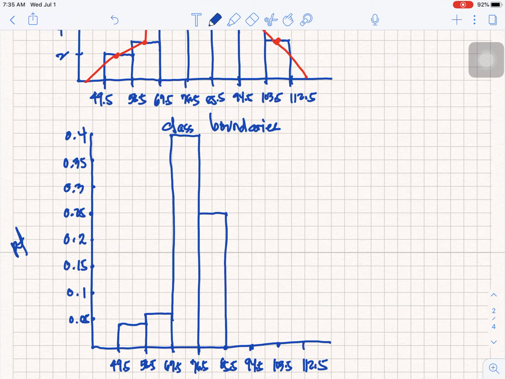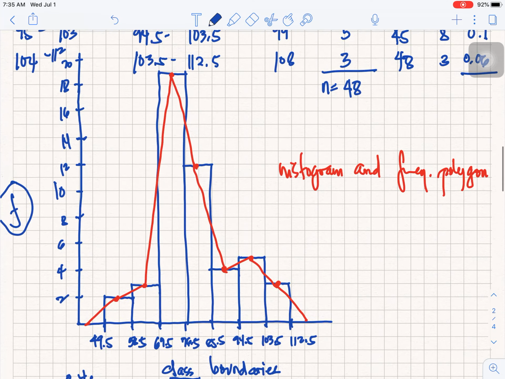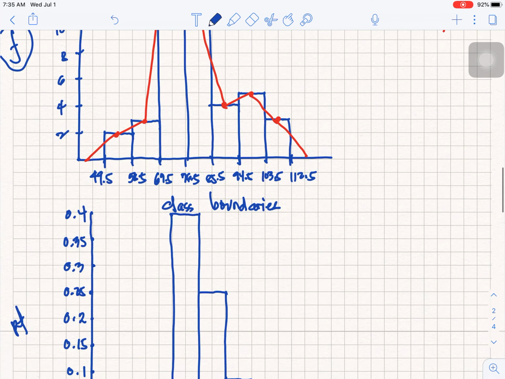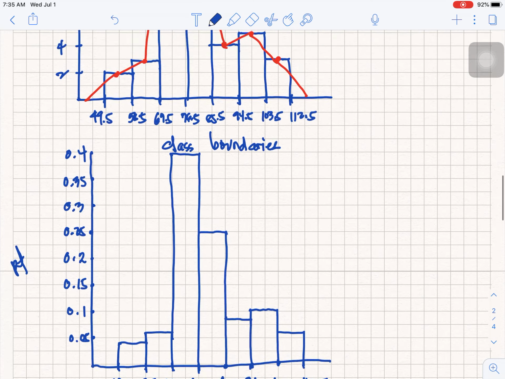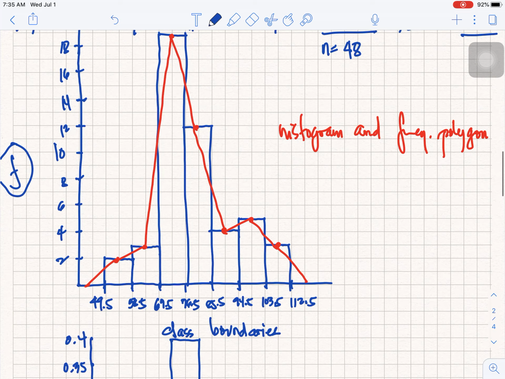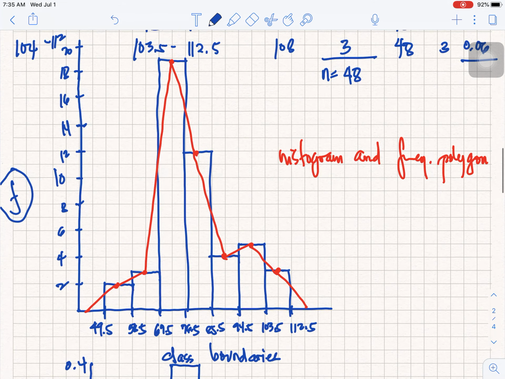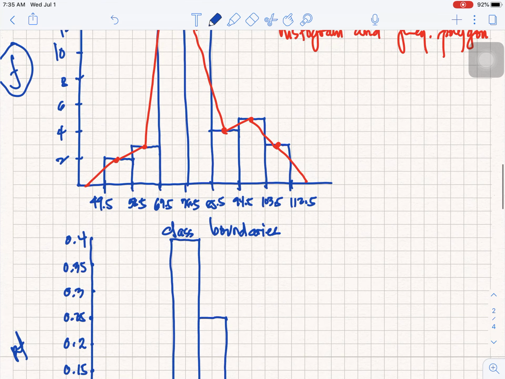And the next we have 0.1 and then 0.06. Okay, so as you can see, we have the same graph.